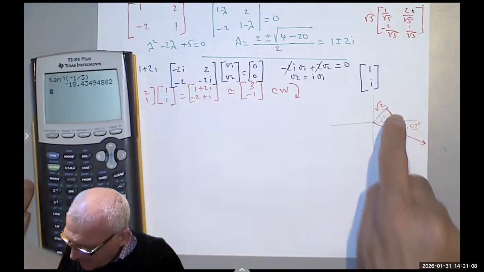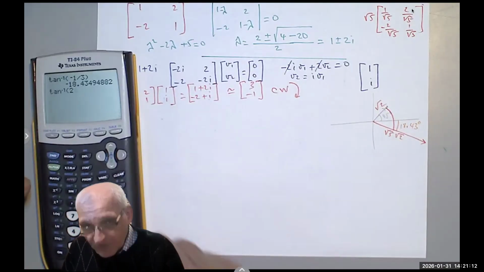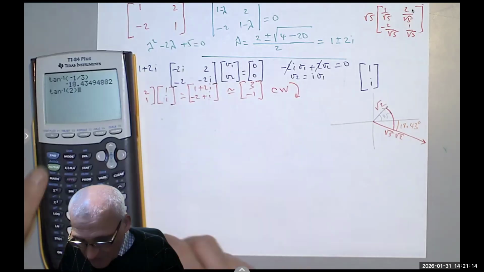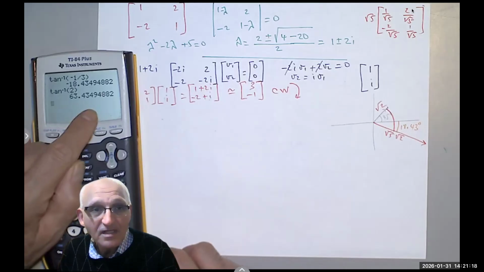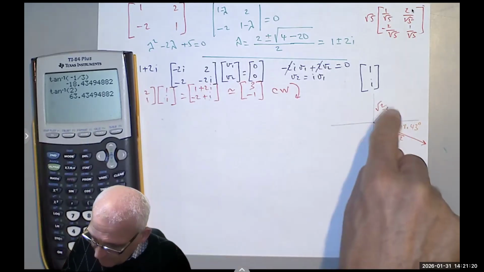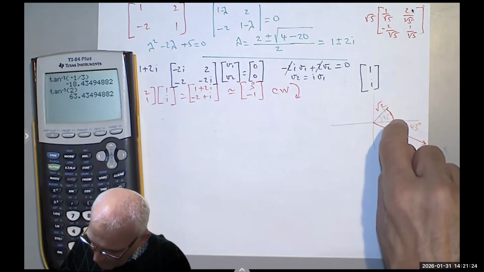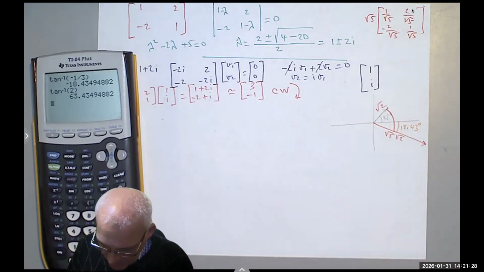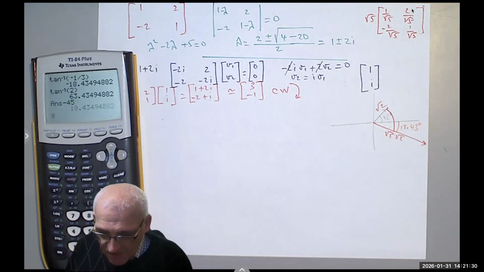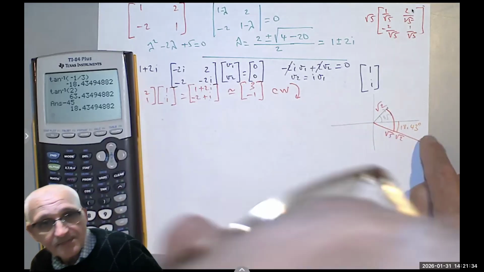Is it 45 plus 18, arctan of 2, that we rotated clockwise? Yes, 63.43. Again, if you subtract the 45 from it, because we went from positive 45 to 0, and then another 18, I sure get the same angle, 18.43.